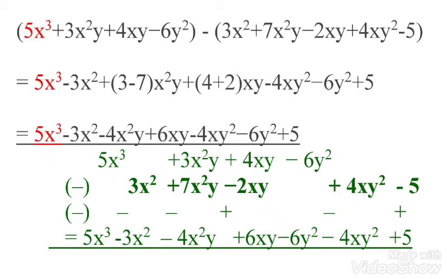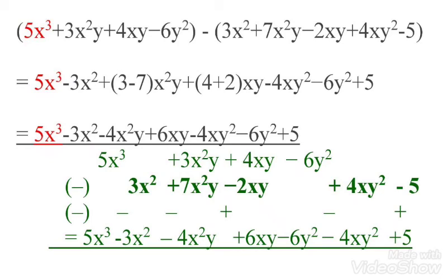Where there is minus, we go for plus. It means it comes now minus 3x square minus 7x square y plus 2xy minus 4xy square and plus 5. We have to take the precautions not to touch unlike terms.